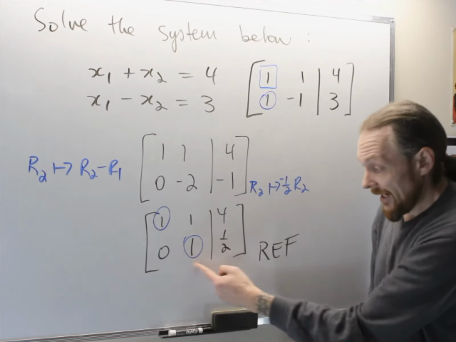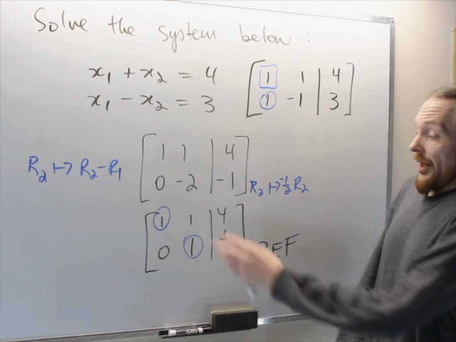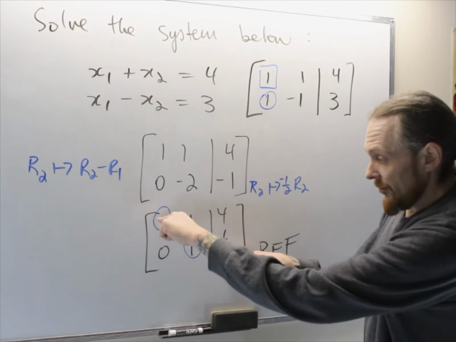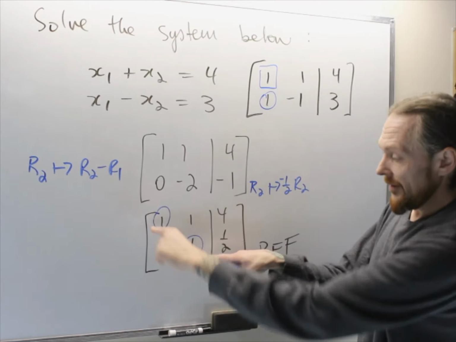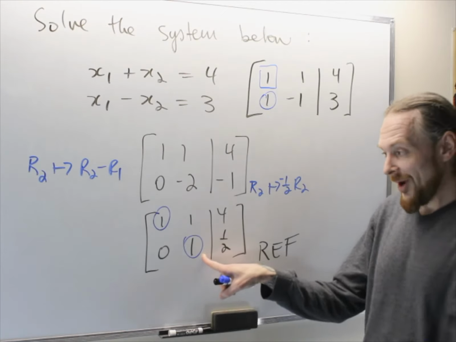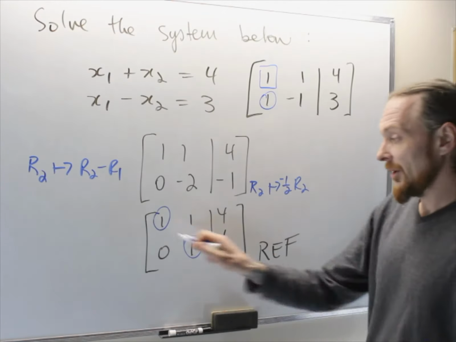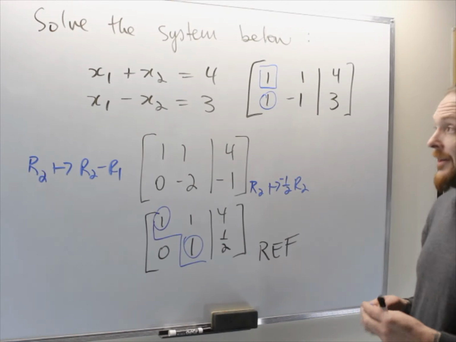This is the leading entry and I have no more rows, so we're good to go. And the third rule is that the leading entry in the lower row has to be further to the right than the leading entry in the upper row. This is exactly what we have. So this is definitely REF.